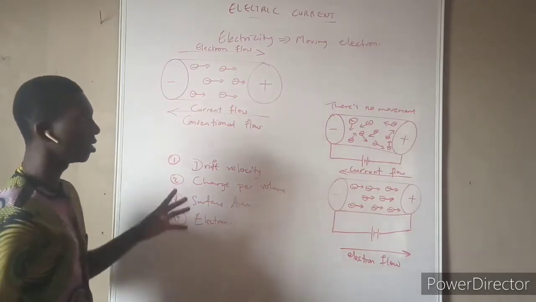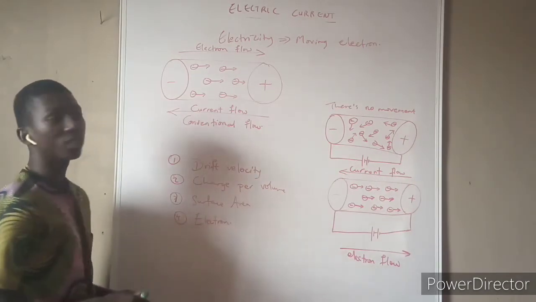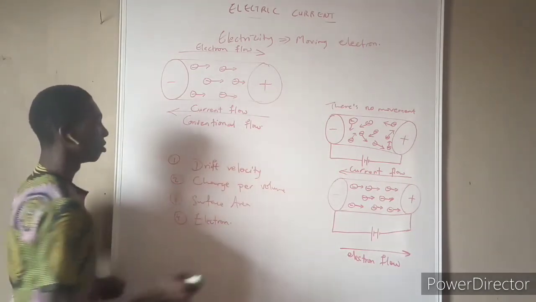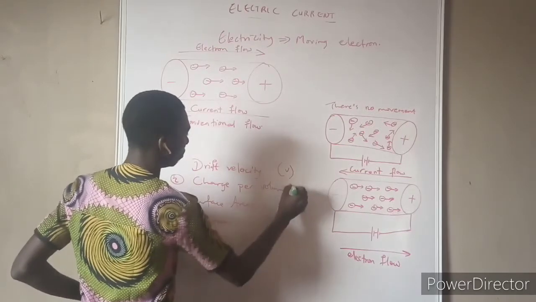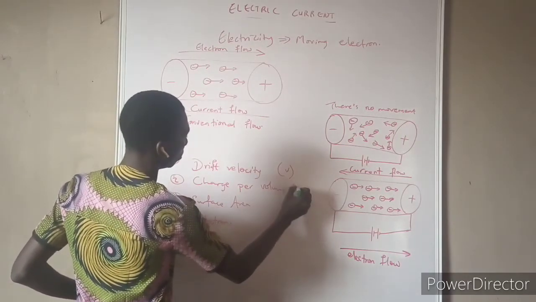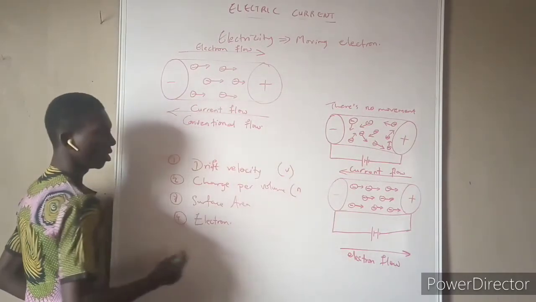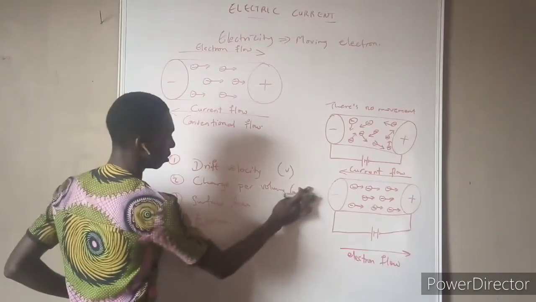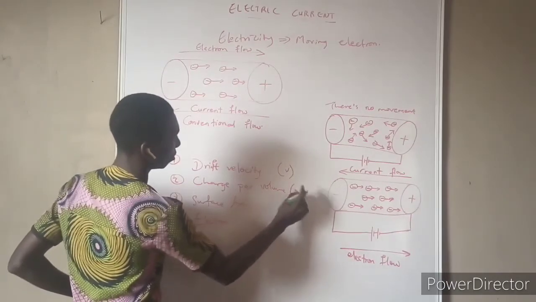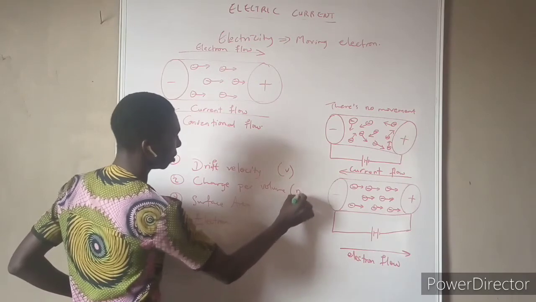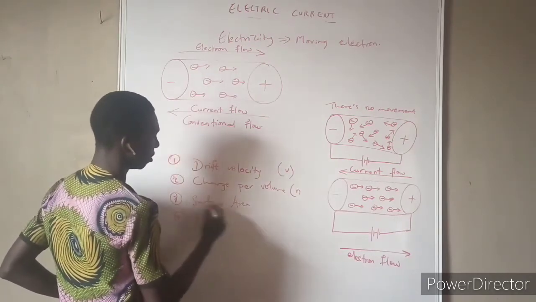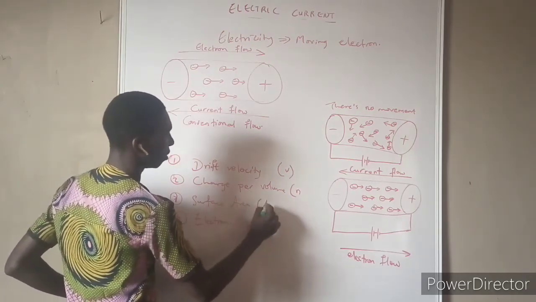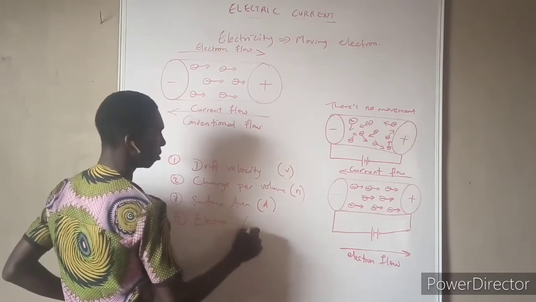So all these four things are the factors electric currents depend on to be produced. This is represented with a V, and this is represented with an N, the number of charge per volume. Then this one is the surface area. This one is the amount of electron in the conductor.